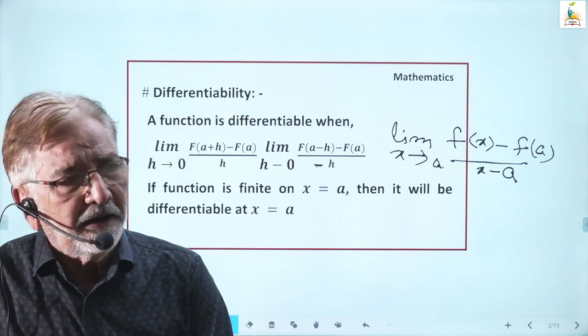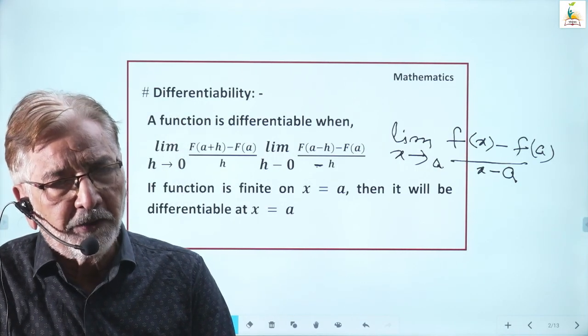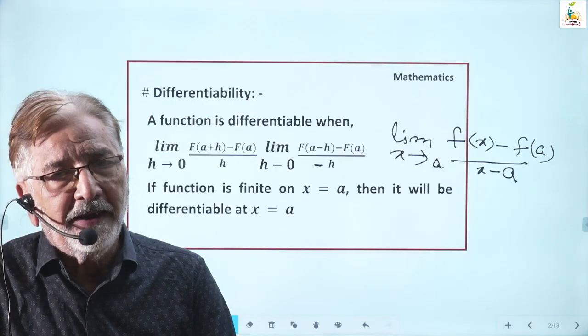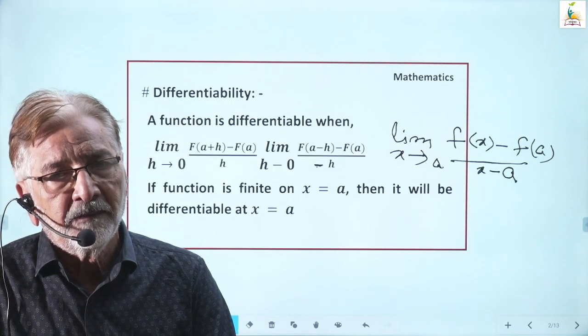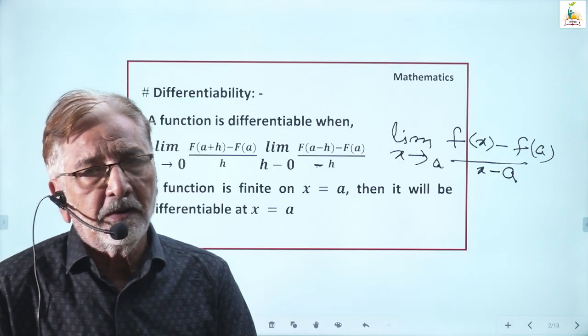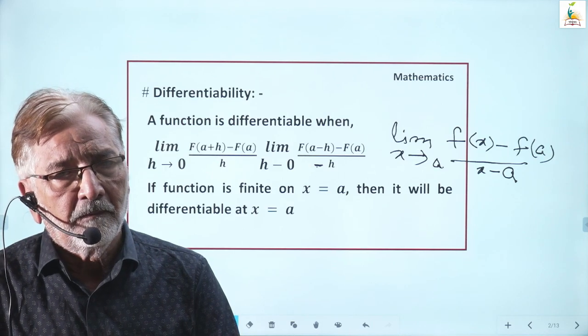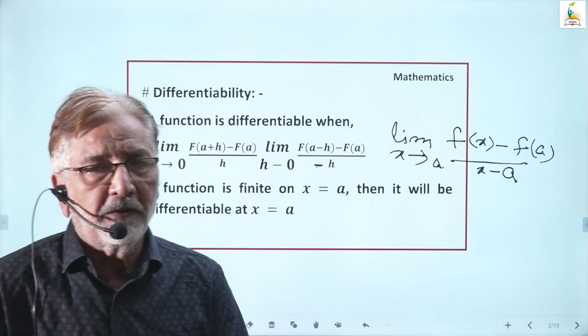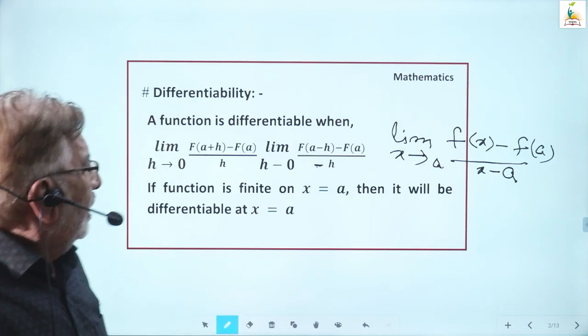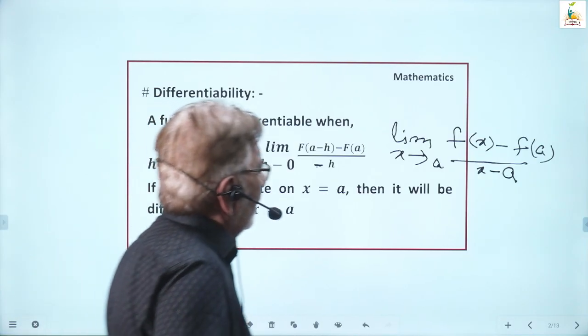Keeping all these points which I have explained to you, if you apply these rules, you can do every question orally. So let us illustrate it.